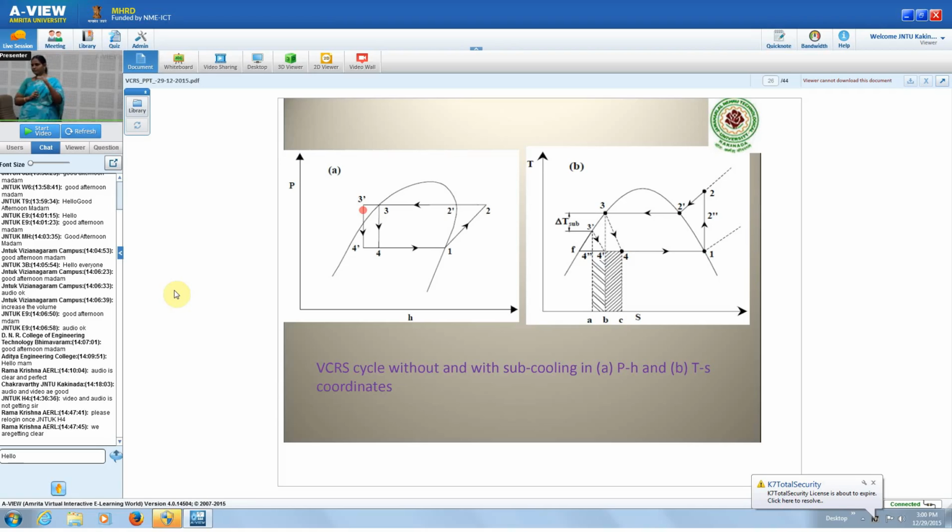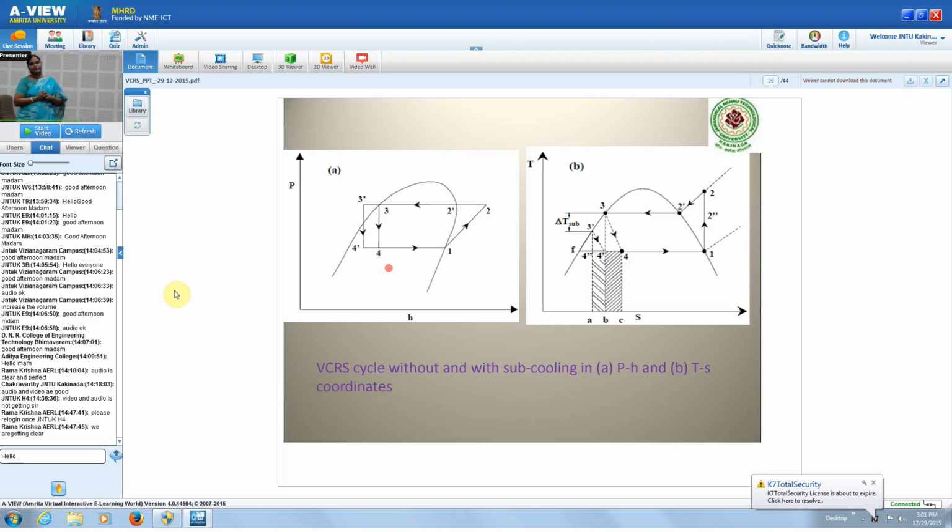Okay, the refrigerant is cooled lower than the saturation temperature, and that saturation temperature is nothing but the condenser temperature. If it is cooled lower than the saturation temperature, by using some heat exchanger or cooler, that is called the subcooling of the refrigerant.